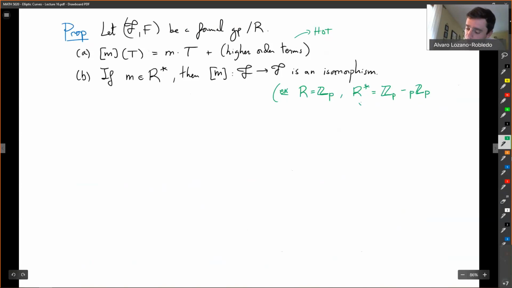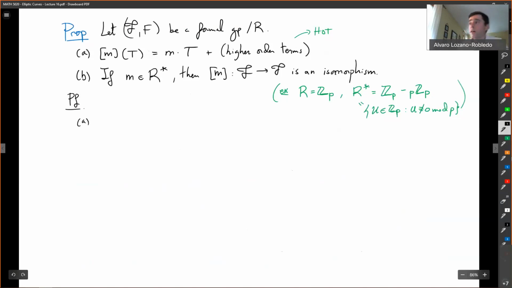So these are the p-adic integers u such that u is non-zero mod p. All those are units. So if you have, for example, in Z5, the 5-adics, multiplication by 3 is an isomorphism of the formal group. Okay, so how do you prove this?